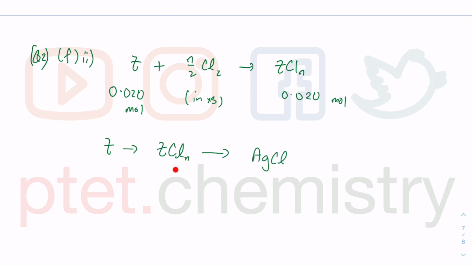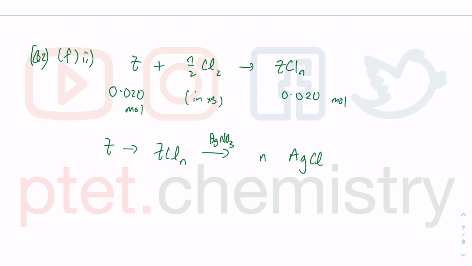So ZClN would have n number of Cl minus. So n multiples of Cl minus in ZClN. So that is not right actually. Hang on, that is ZClN, and then upon adding AgNO3, this will give you AgCl, because it's just one chloride there, and there'll be n multiples of it based on this.